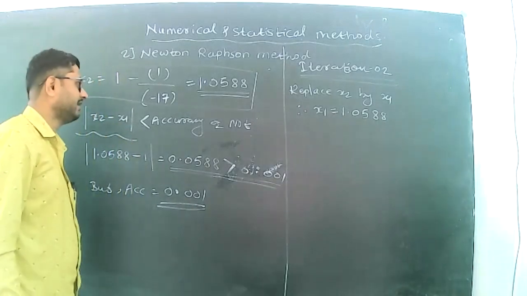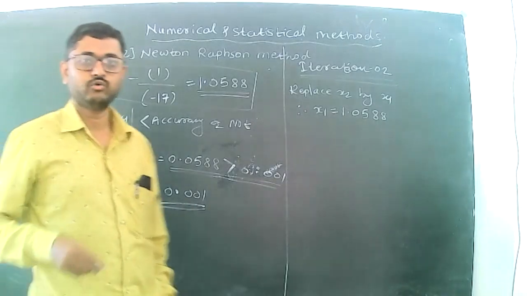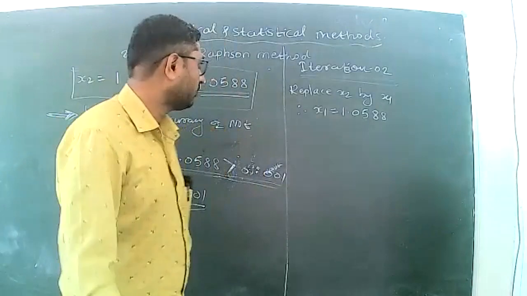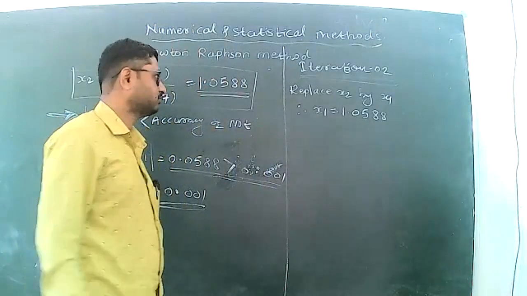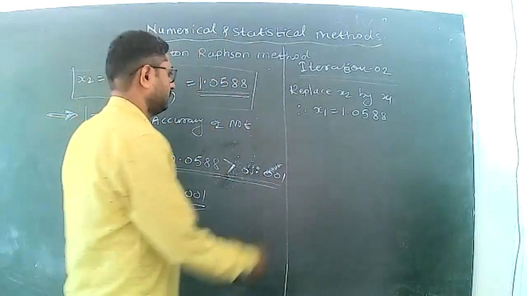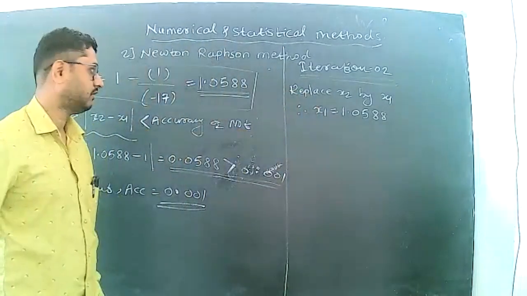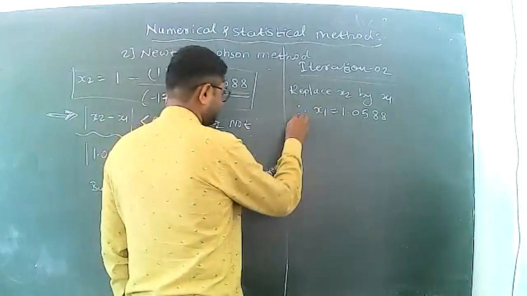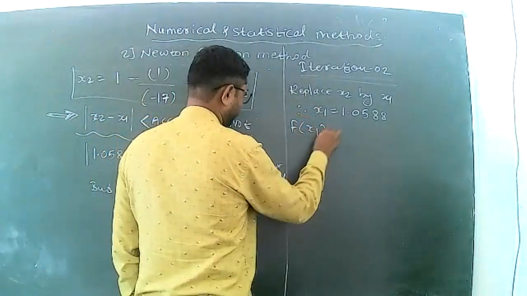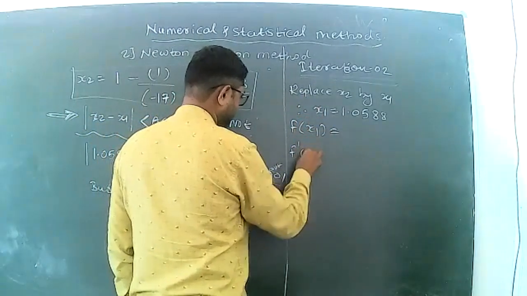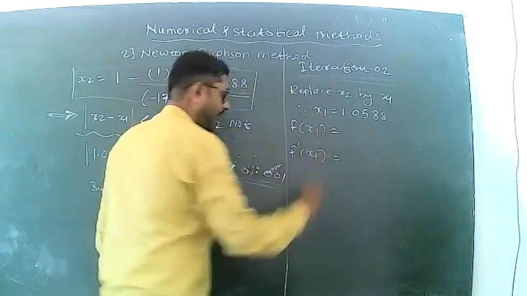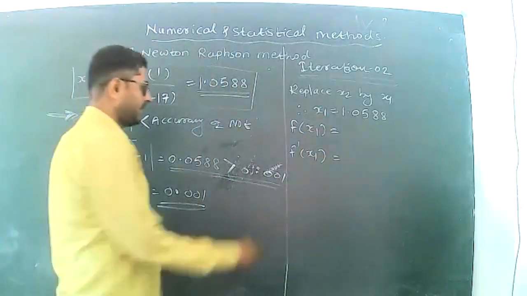We take 1.0588 as x1 for the next iteration. Again, repeat the procedure. The first step is to find f of x1, f dash of x1 and x2.